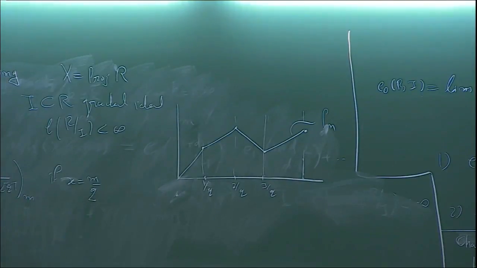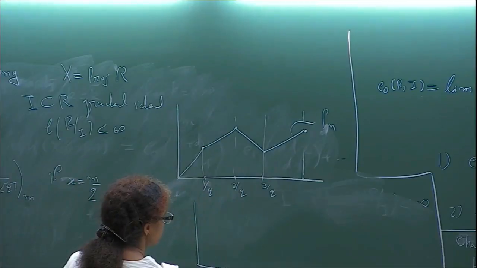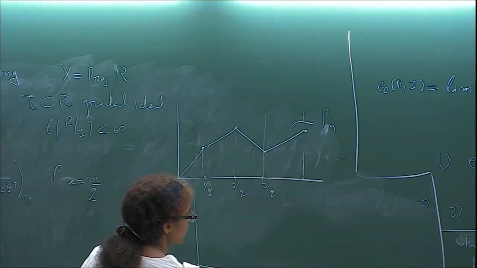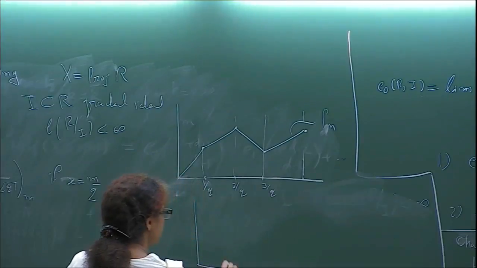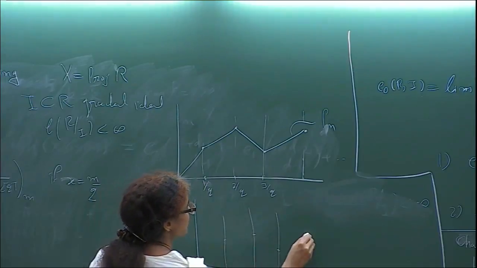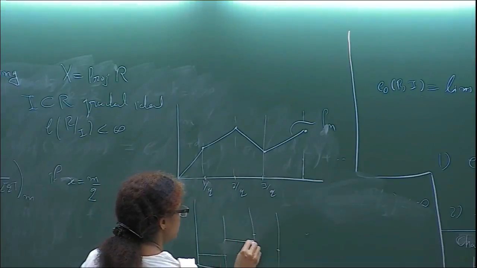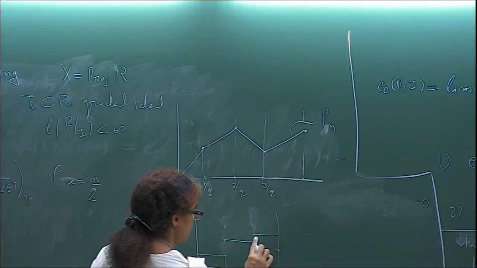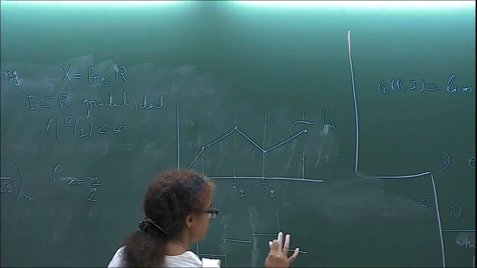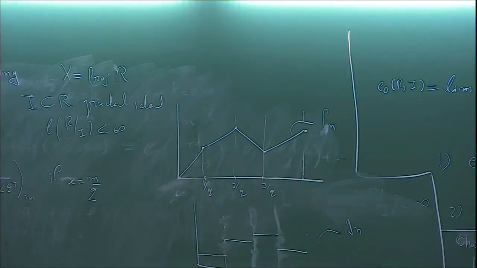Now I define a step function as well. This function is called Gn. So for each n or q, you associate a function, Fn or Gn.